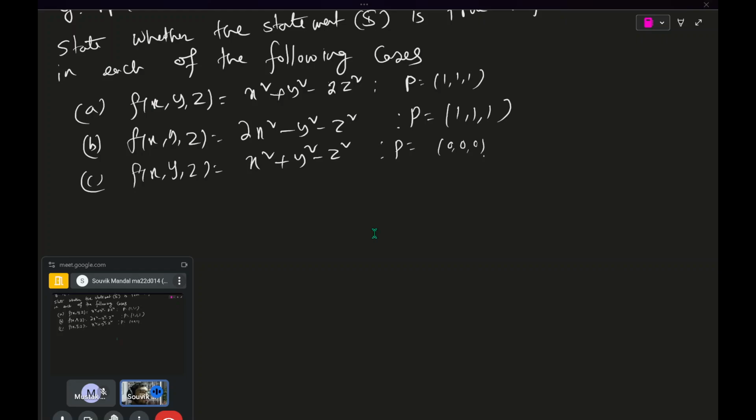State whether this statement is true in which of the following cases. The interesting thing is that the main technique is that we need to somehow decode the implicit function here.